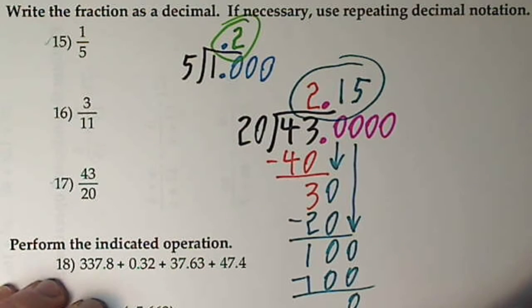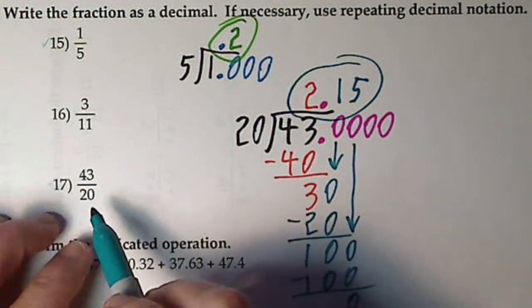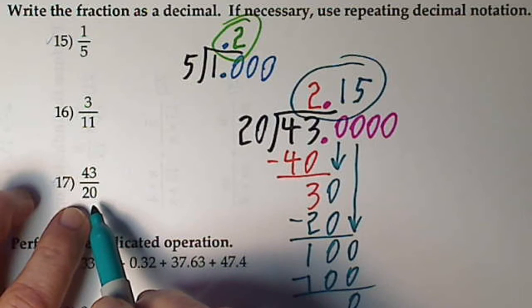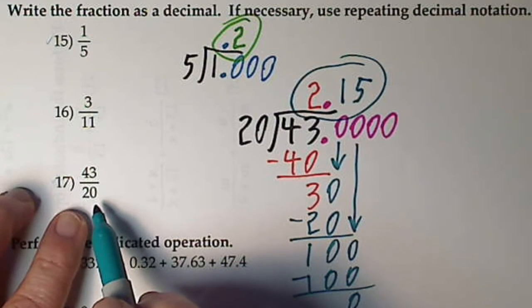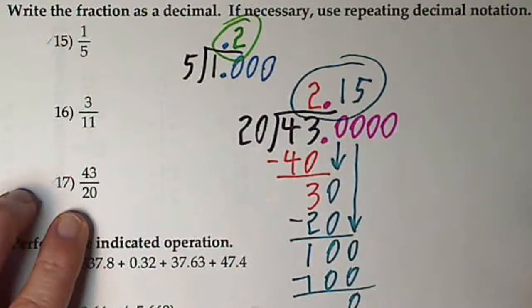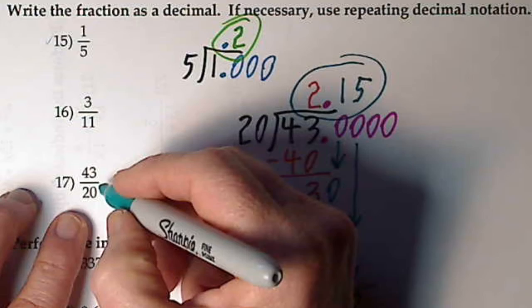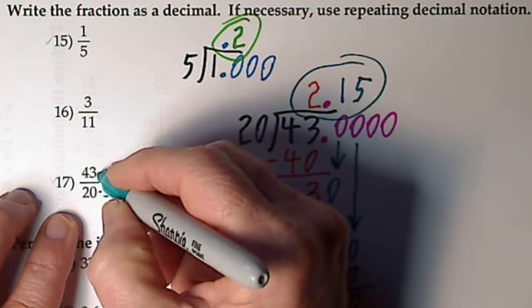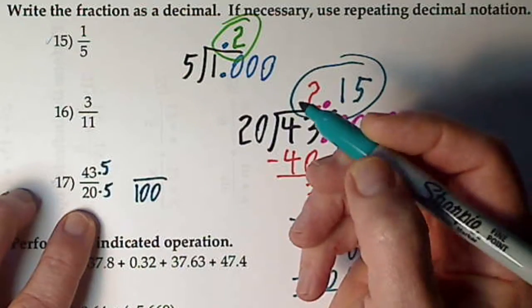And I'll show you, there's actually another way to get there. Well, the other way looks kind of long all of a sudden. If this denominator is some factor of 10, then I can just read it as a decimal. But once I get there, I would have to do a lot of reducing. I'll just show you real quick. If I multiplied by 5 and by 5, I would get something hundredths.